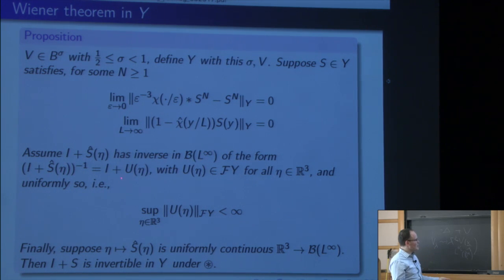But you need more. You need that this inverse is identity plus u eta, where u eta is in the Fourier transform of the algebra Y. You can identify what that is. You just write it down. And uniformly so. And moreover, you need this to be uniformly continuous. And then you're invertible in Y.